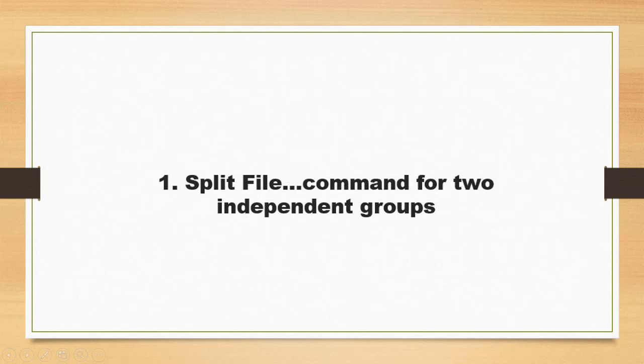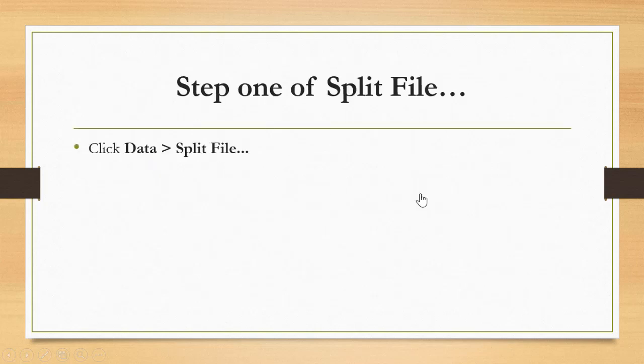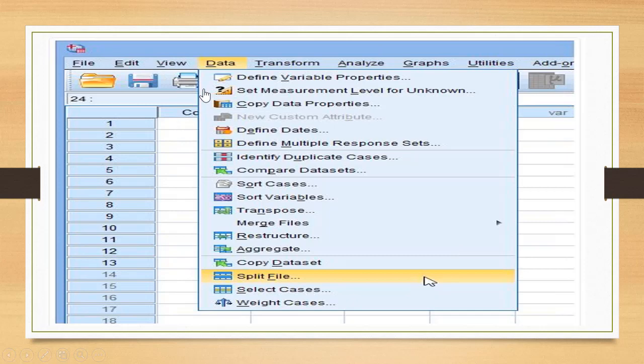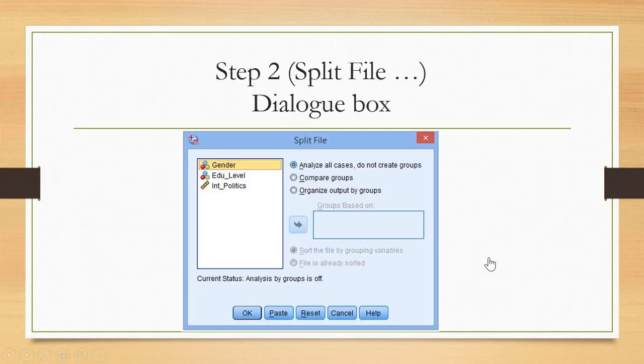For the second technique, which is the split file command for two independent groups, we are going to follow these steps on SPSS. Click on the data tab and then split file. So we go to data and we go to split file. Once we split file, we are going to have this split file dialog box, in which we are going to move gender to these groups.